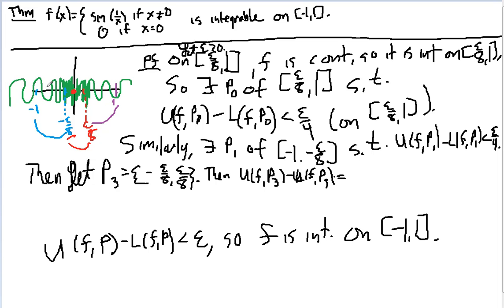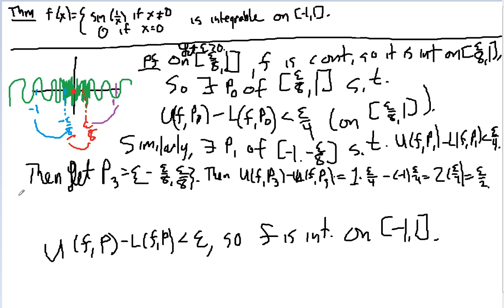We're talking about the sine, so the biggest thing anywhere is 1 times the length of the interval, which is epsilon over 4, minus the smallest thing anywhere, which is negative 1, because again we're talking about sine, times epsilon over 4, equals 2 epsilon over 4, equals epsilon over 2.